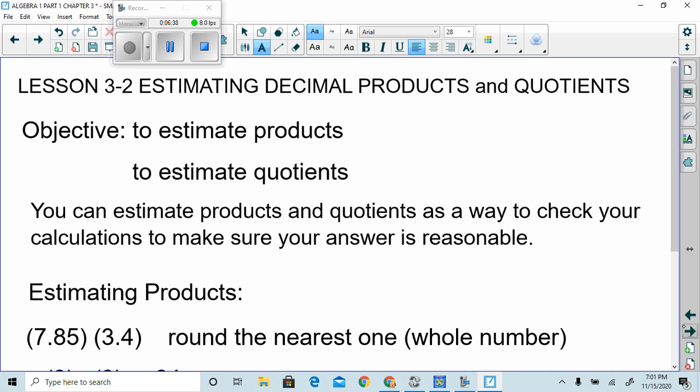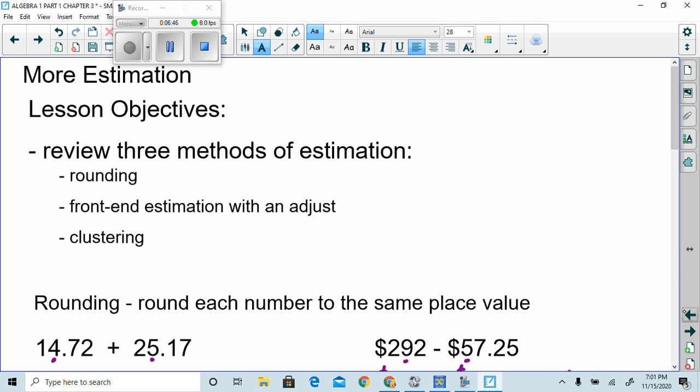Now in our next session, we're going to be talking about estimating decimal products and quotients. But for today, I'm just going to end it with these three methods of estimation for sums and differences: the rounding, the front-end estimation with adjust, and clustering. When we meet in person today, we'll go over them again.